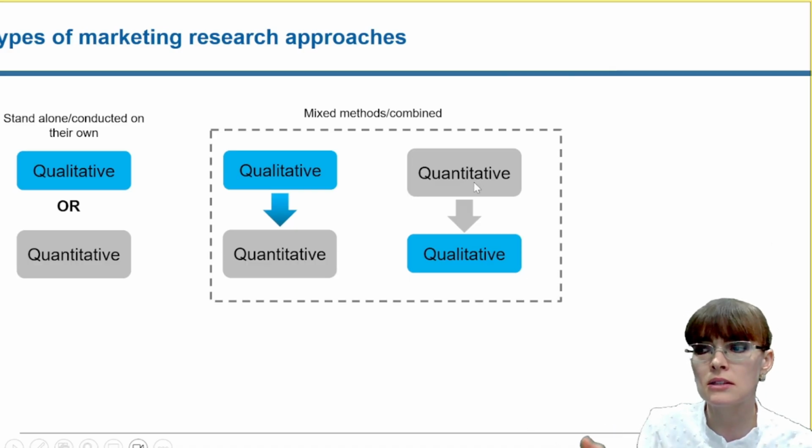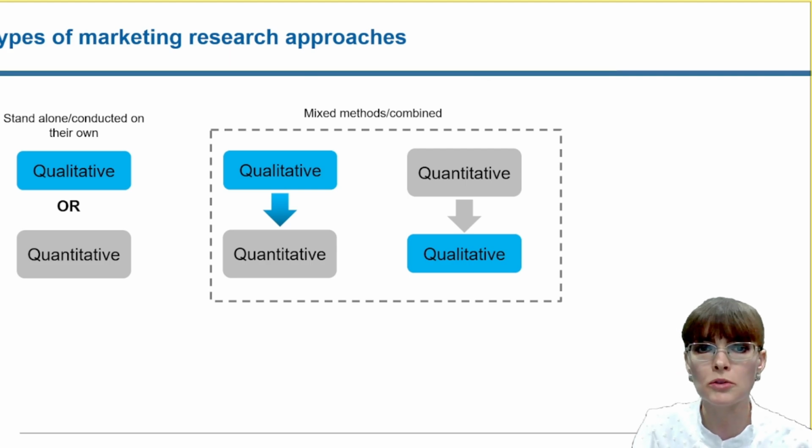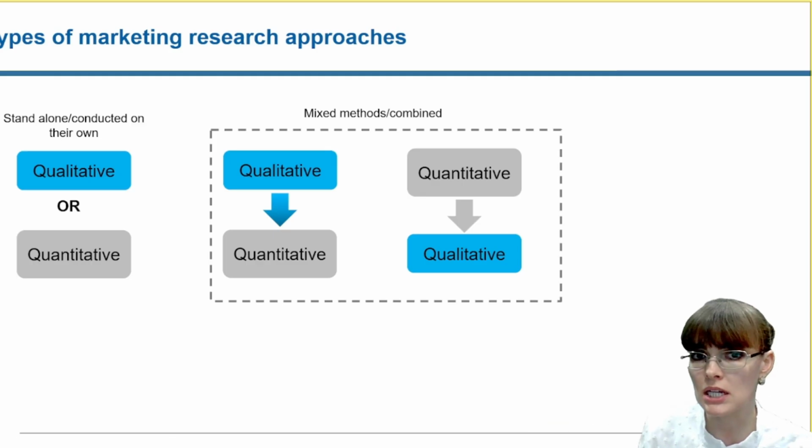But there could be an instance where you do your quantitative survey, you do your experiment, but then you encounter an unexpected or interesting finding, and then you want to go and explore it in depth. In other words, supplement it with a qualitative inquiry.